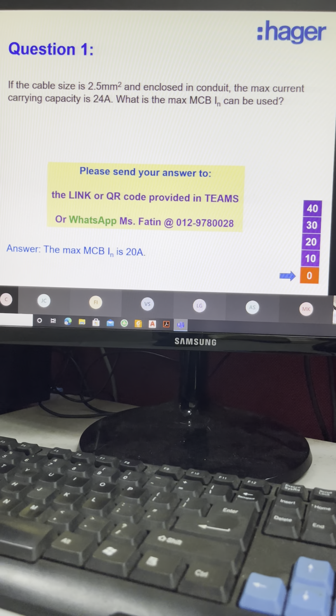Okay, time's up. The answer is 20 amps, right? Those who have sent your WhatsApp, Fatin will check who is the first person with the correct answer. Maybe I'll check with Fatin. Fatin, do we have a winner for this first quiz?